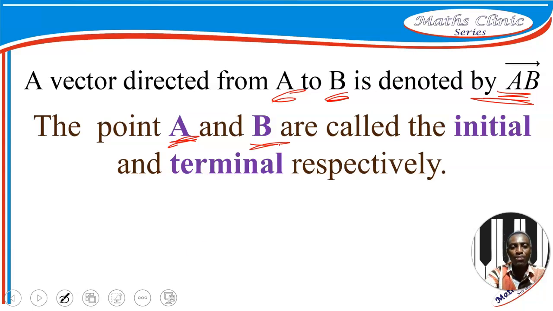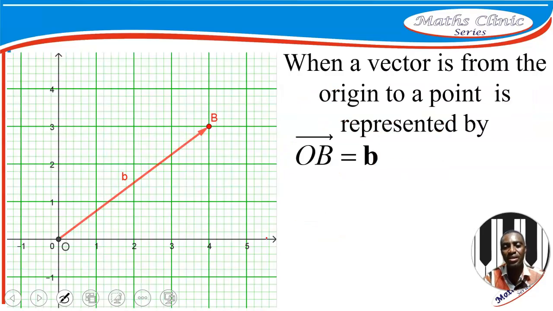If I have a point here and I call it A, and I have a point here and I call it B, and I move from point A to B, I'm moving with a distance and at the same time I'm giving myself a direction, moving from A to B in a specified direction. That is referred to as a vector.